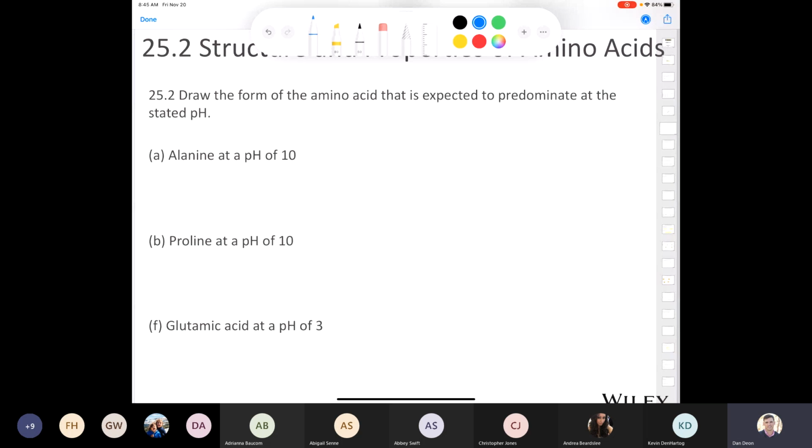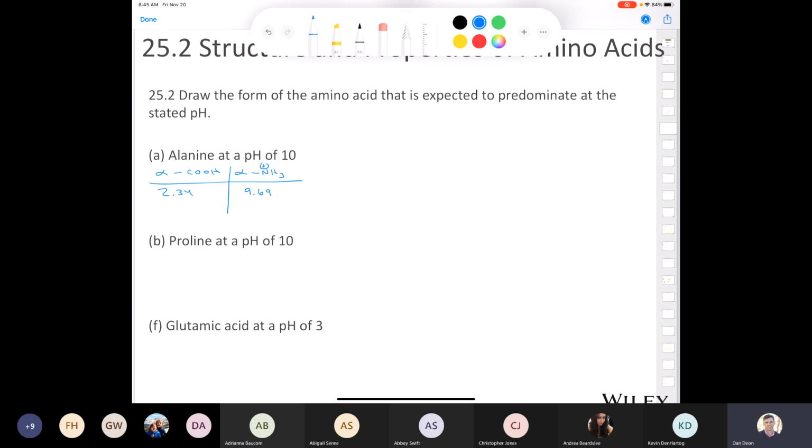The pK of the carboxyl, so I'll put here the alpha carboxyl has a pK of 2.34, and the alpha amino group has a pK of, what is it, 9.69. I have them written down here in horrible handwriting.